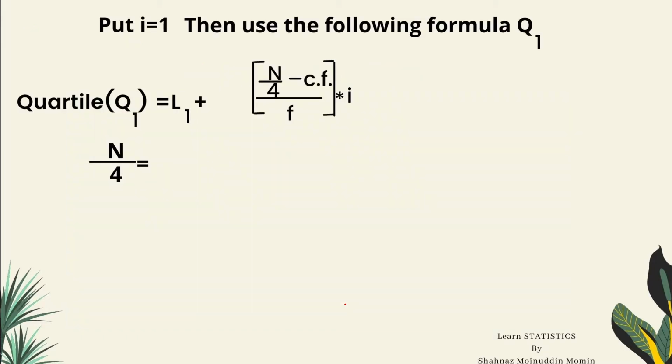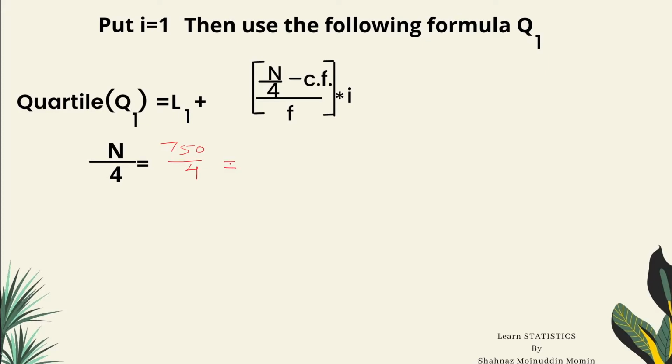Now for calculating the first quartile, put I equal to 1 in the formula of Qi. Then the formula becomes first quartile Q1 equal to L1 plus n by 4 minus Cf upon F into I. Here we have to find n upon 4. We know that n is 750 divided by 4.